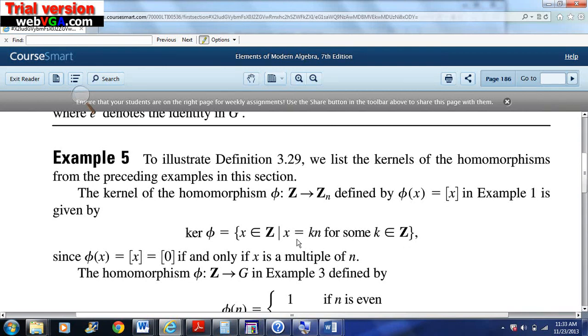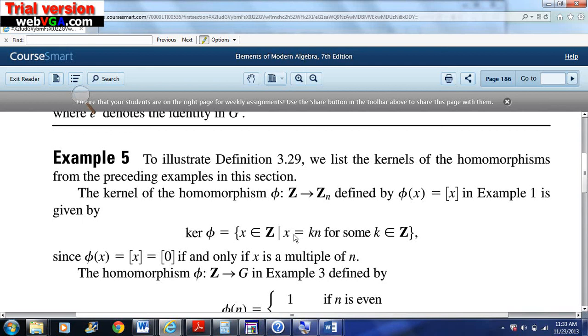So when you have a situation using mods, and that's what we were doing in the example, mod n, when you say n mod n, that would give you the identity when you're working with mods.